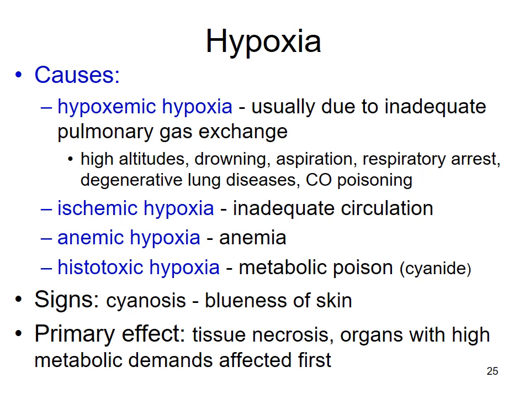So as you can see, you can have your instance where you're at a higher altitude where the air is thinner, so you're not drawing in as much oxygen as you normally would with every breath. But it could also be a little bit more detrimental. So for instance, if the patient is drowning or going into respiratory arrest, or it has carbon monoxide poisoning or degenerative lung disease, anything that will prevent the gas exchanges from occurring could lead to this scenario.